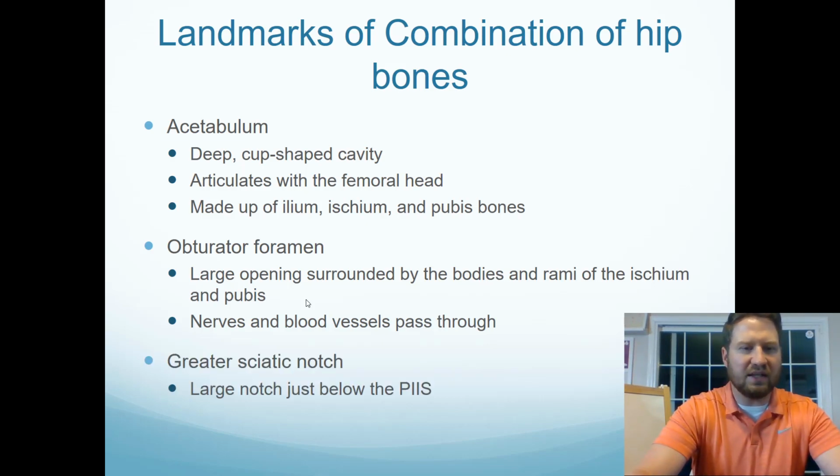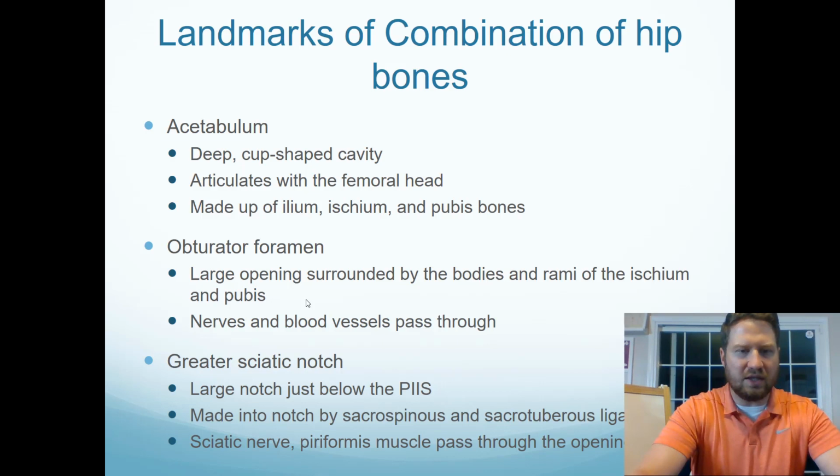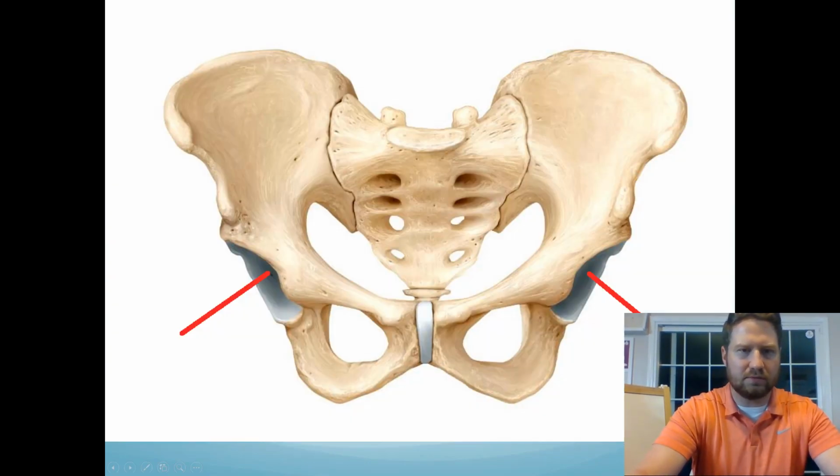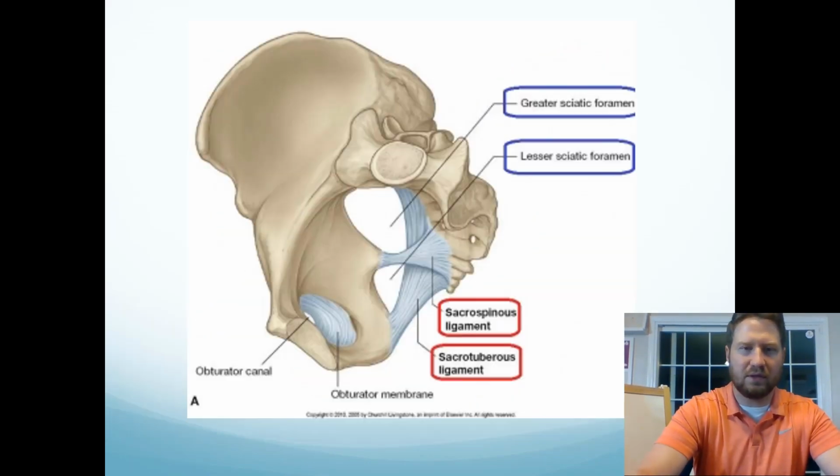We have a greater sciatic notch, where our sciatic nerve and our piriformis muscle pass through. So there's our acetabulum, there's our greater sciatic notch, and there's our obturator foramen. It has our obturator membrane, and then the obturator canal is where those blood vessels and everything pass through.